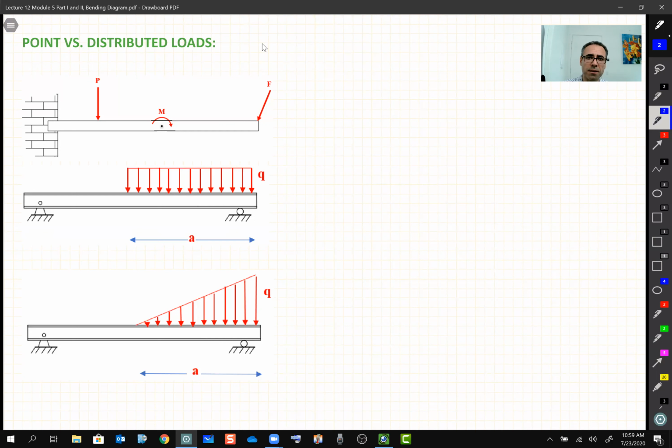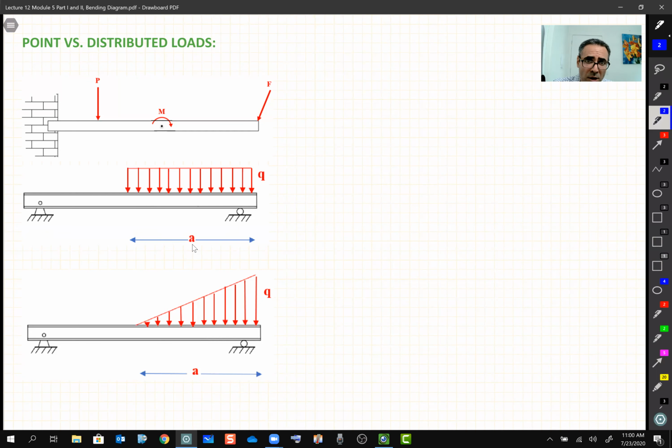So when we talk about the load being distributed, usually we talk about the intensity of a load, okay? And what is the intensity of a load? Let's come back to this beam idea. Let's say I have a beam, and over this beam I have a load which is being distributed. Let's say this is snow coming down on this portion of the beam and being uniformly distributed over it.